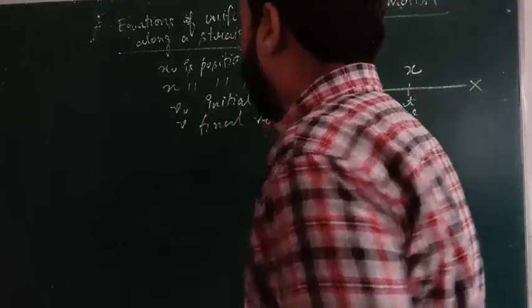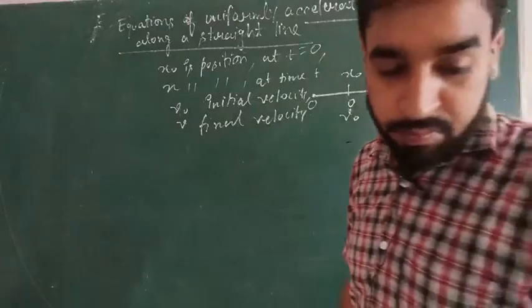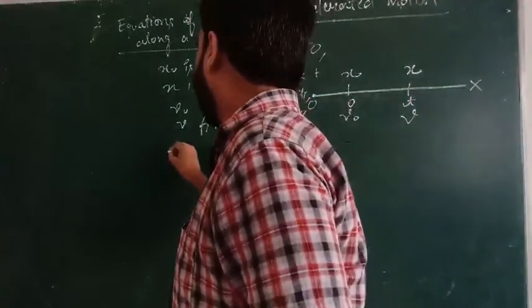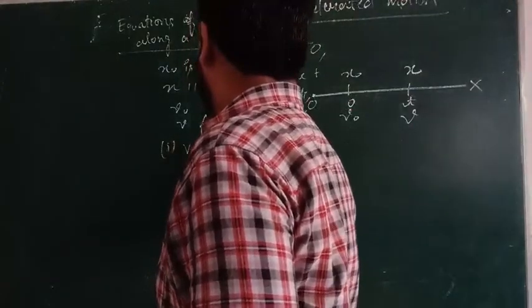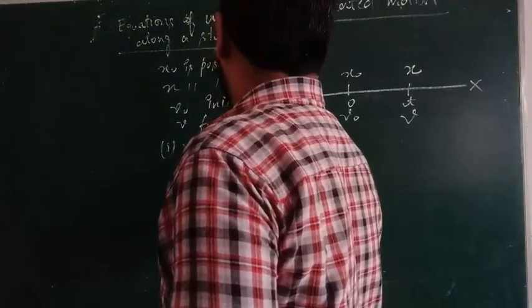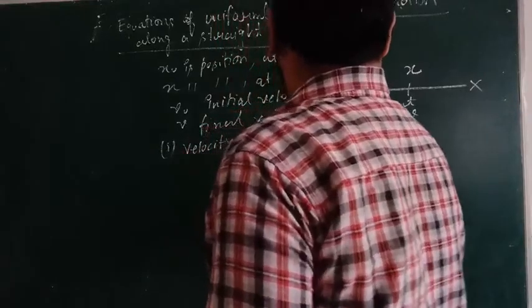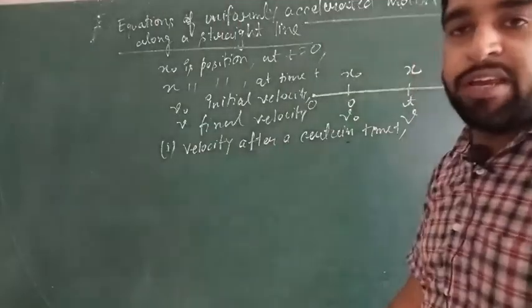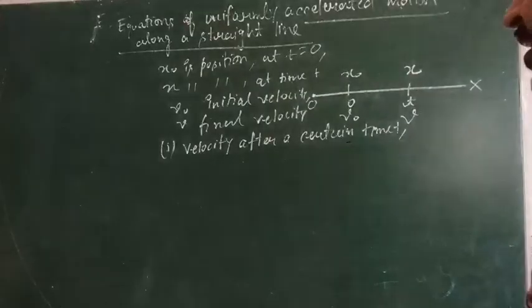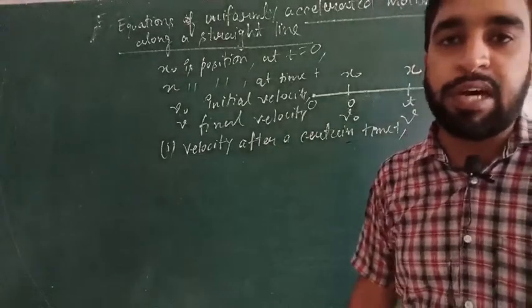So students, let us begin with the first equation of motion. If you calculate the velocity after a certain time t, how can you calculate this velocity? Firstly, you should be aware of the acceleration of the body.